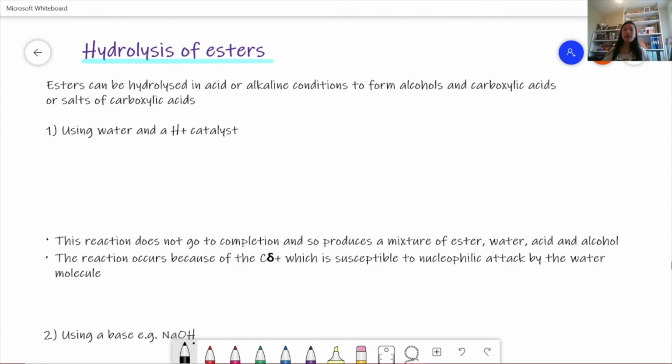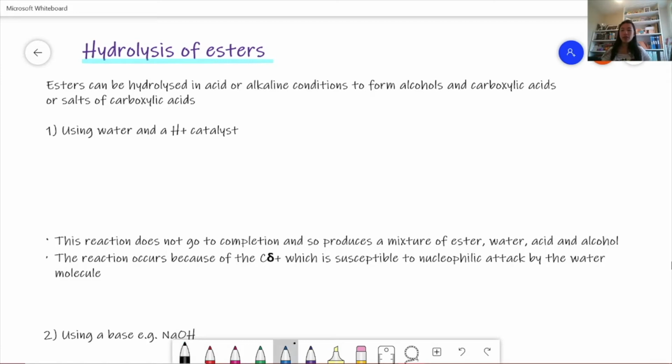So now we're going to look at the hydrolysis of esters. So esters can be hydrolyzed in acid or alkaline conditions to form alcohols and carboxylic acids, or salts of carboxylic acids. So the first reaction that we're going to look at is hydrolysis of esters using water and a H+ catalyst.